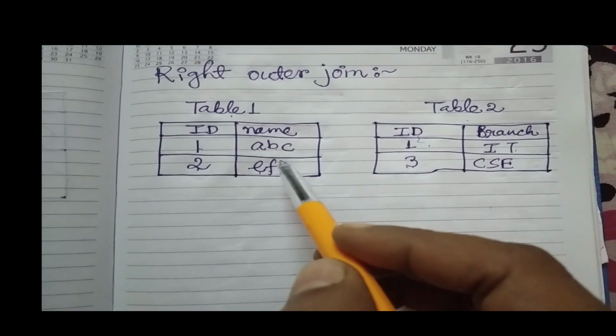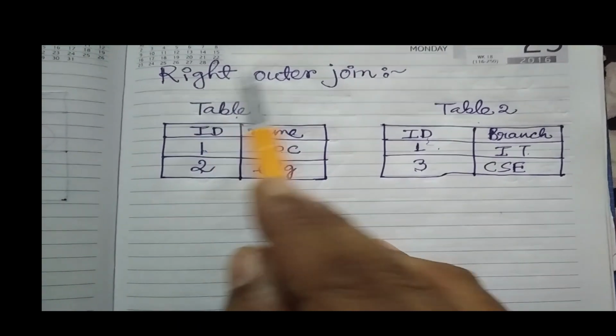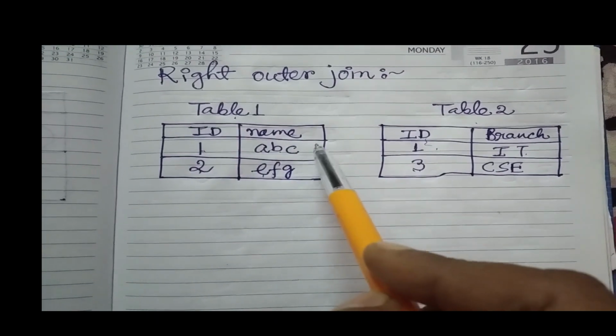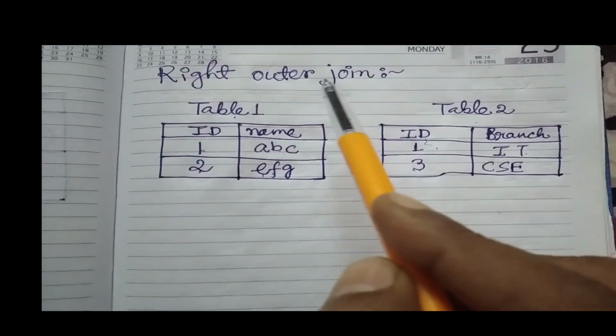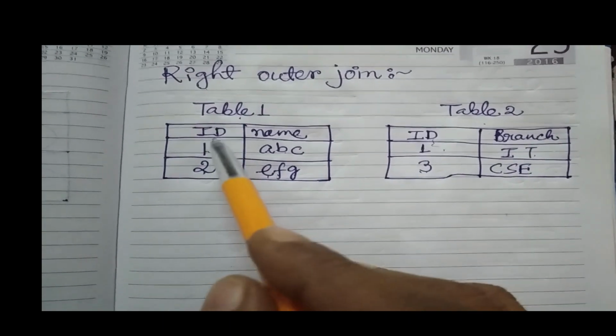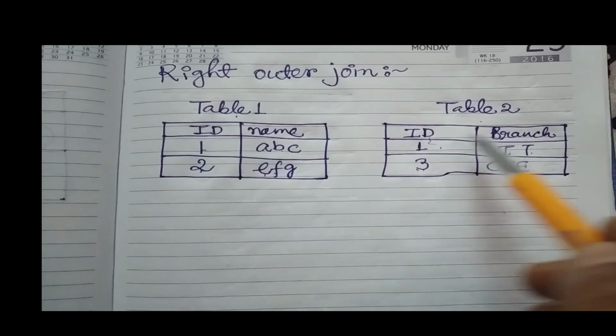Now if I implement right outer join on these two tables, at first, what is the condition? The condition is: what is the similarity between the two tables?